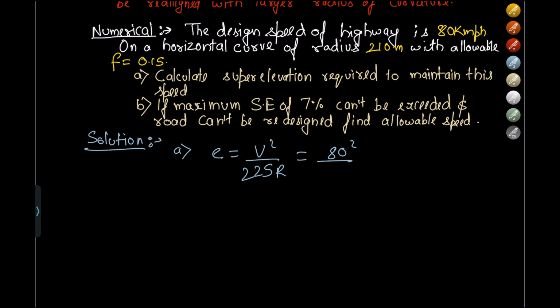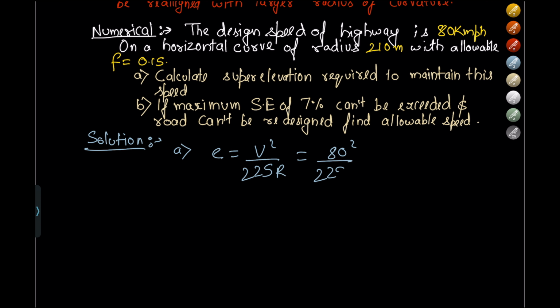So 80 square upon 225 multiplied by 210, that would be equal to 80 multiplied by 80 divided by 210. That is coming out to be 0.135, and that is a very high super elevation and that needs to be reduced. So we'll look into that in the next part of the question.